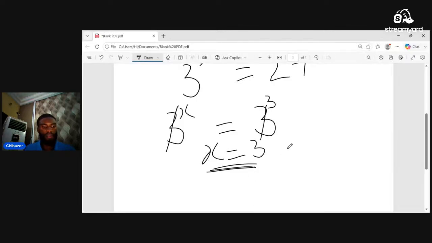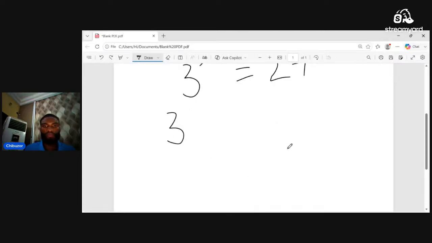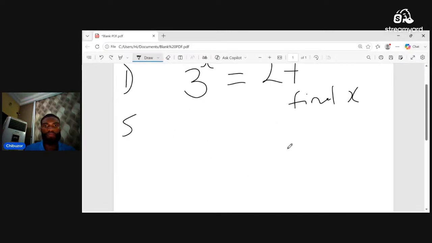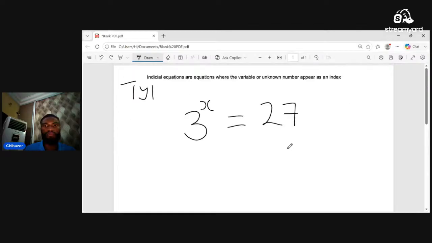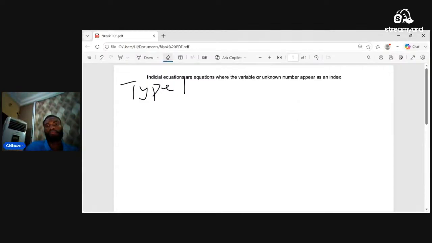I'll give us another example. Type 1. 4 raised to power x is equal to 16.